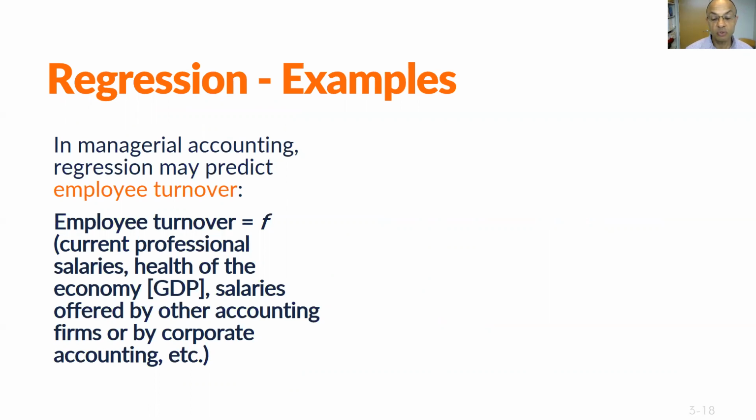The employee turnover is the dependent variable, which is a function of the salary, the health of the economy, the salary offered by other companies, and so on. If we put in all these independent variables, we can predict the employee turnover for the future.